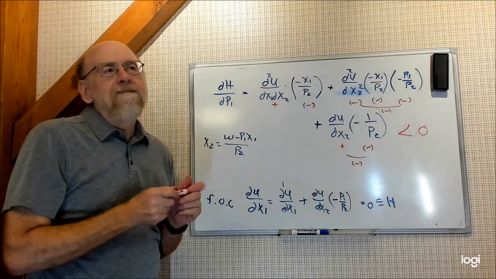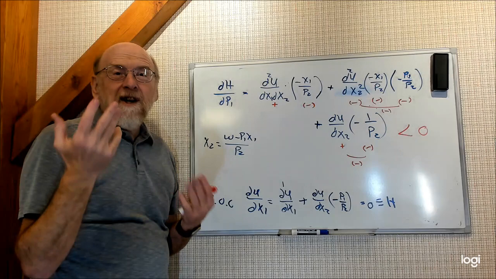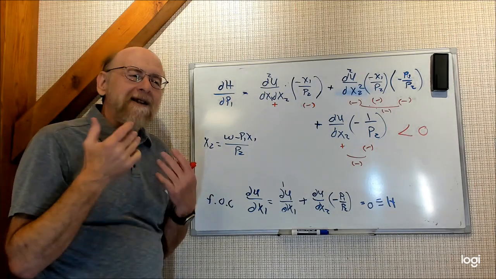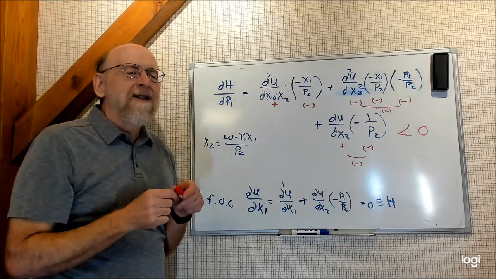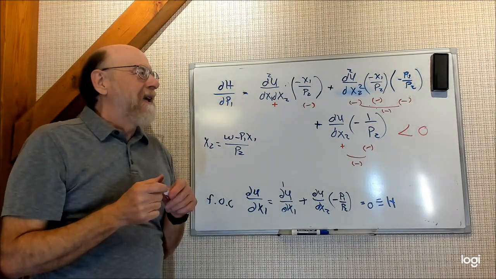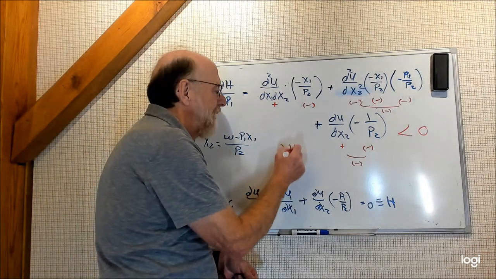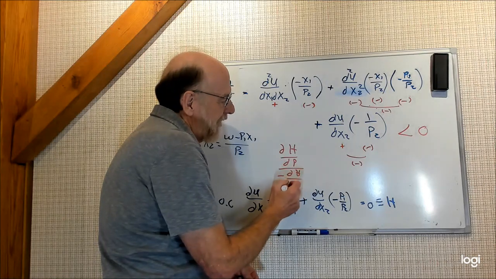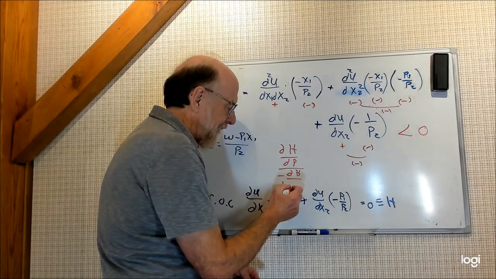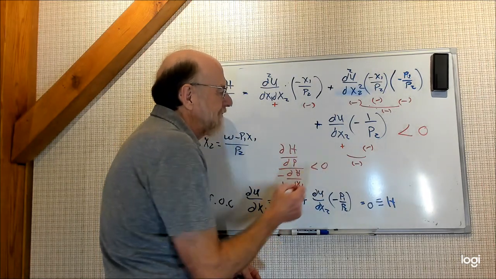So the whole thing is less than 0. So if you trust me on the denominator, that the denominator is going to be negative because we've assumed enough to make everything strictly concave, then we know that that ratio, dh dp over minus dh dx1, that whole thing is going to be less than 0.